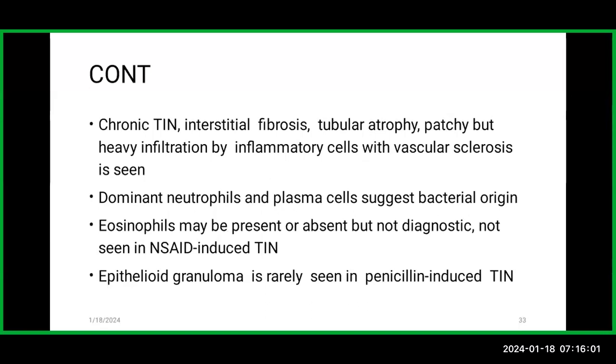Dominant neutrophils and plasma cells suggest bacterial origin. Eosinophils may be present or absent, but not diagnostic. Like I said, they are not seen in NSAID-induced cases. Epithelioid granuloma is rarely seen in penicillin-induced cases.